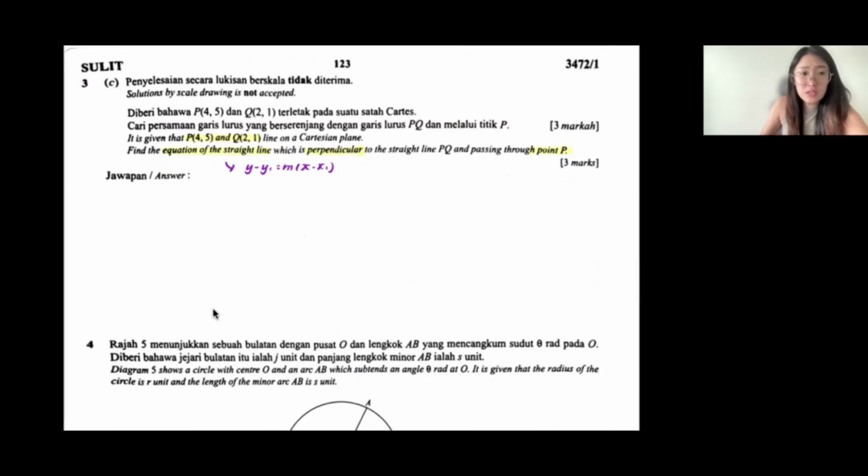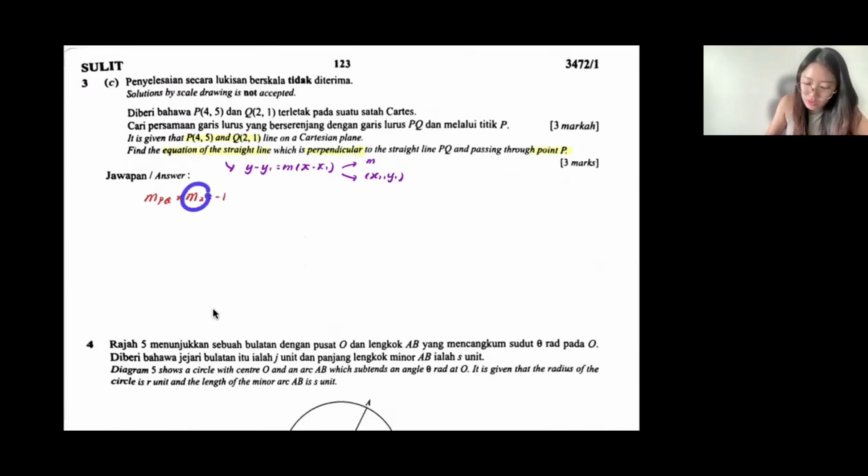All right, for an equation to be complete, you need 2 things. Number 1 is the gradient. Number 2, we need a complete coordinate, any coordinate that passes through the point that the straight line goes through. So now it says that it is perpendicular. Whenever you see perpendicular, meaning we are going to use M1 times M2 equals -1.